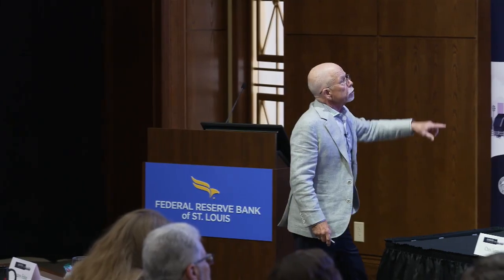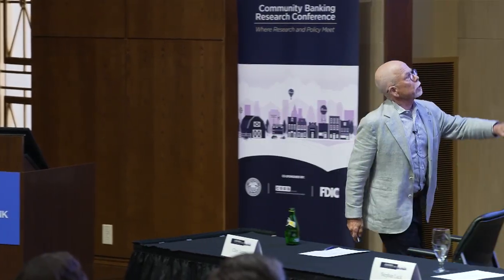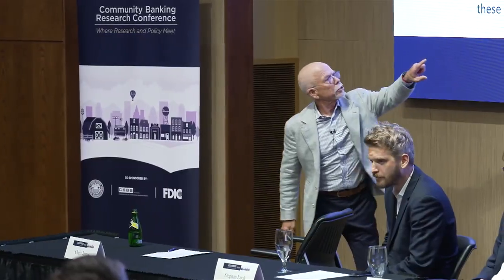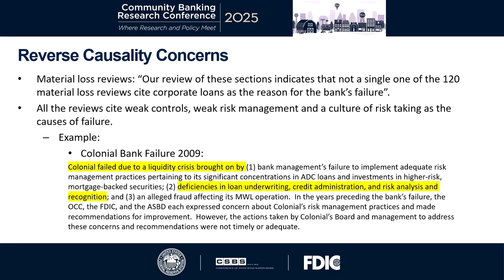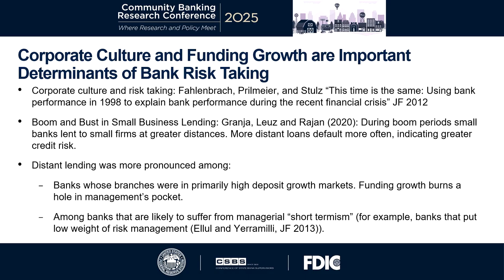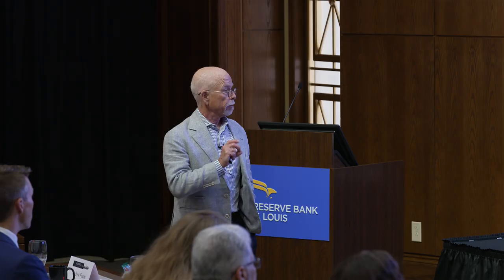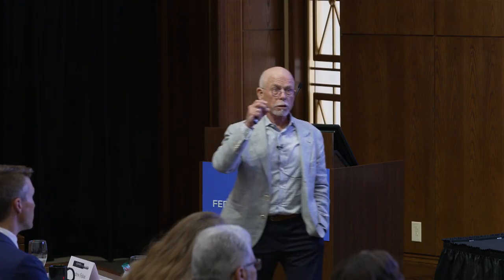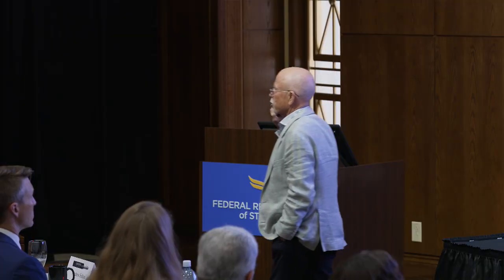But they also typically say something about deficiency in underwriting, credit administration, risk analysis, and recognition. It's a culture problem. If it's a culture problem, then a couple of things come to mind. It's not just one part of the portfolio that might be performing poorly at a failed bank, but it would be all parts of the portfolio. Not just the small business loans, but the larger commercial loans, the real estate loans, and the like.